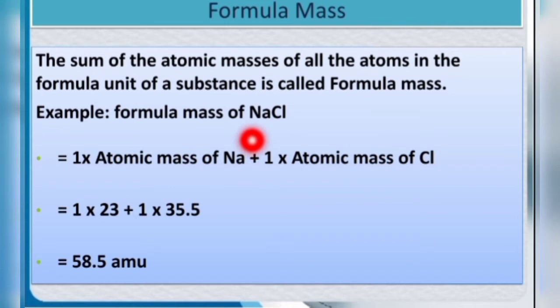The atomic mass of sodium is 23 and the atomic mass of chlorine is 35.5. 23 plus 35.5 and we will get the answer 58.5 AMU. Students, what is AMU? Yes, atomic mass unit.